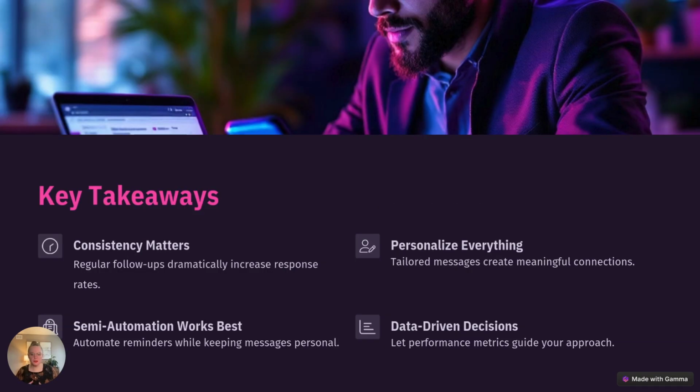And going into some of the key takeaways. So again, like I mentioned before, doing a manual process makes it really hard to be consistent on your follow-ups. This type of automation allows you to be consistent and keep track of who you're actually connecting with. You're able to personalize your messages a little bit further.